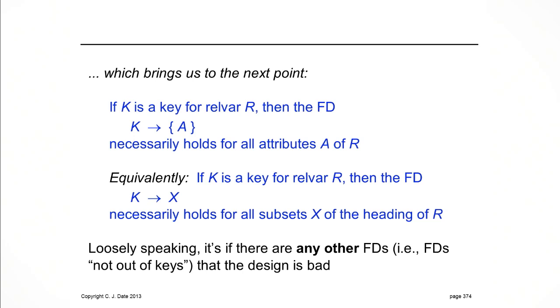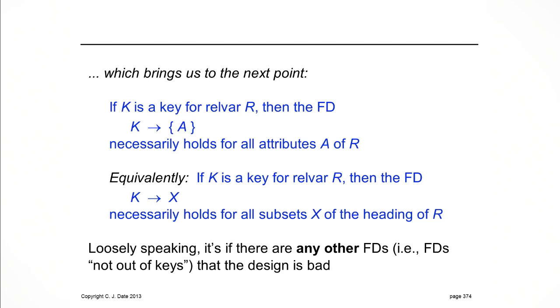So there's always a functional dependency arrow coming out of a key to everything else. Those FDs are always there. You can never get rid of them. An equivalent way of saying the same thing is if K is a key for R, then K arrow X holds for all subsets X of the heading of R. These two both say the same thing.